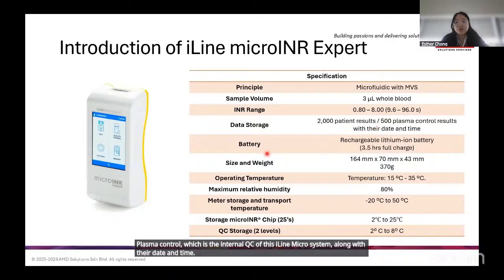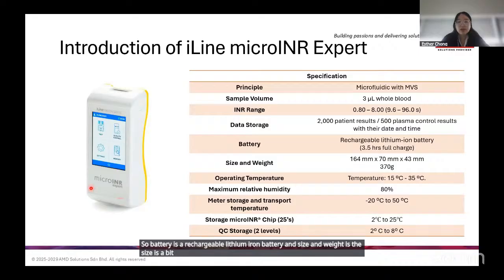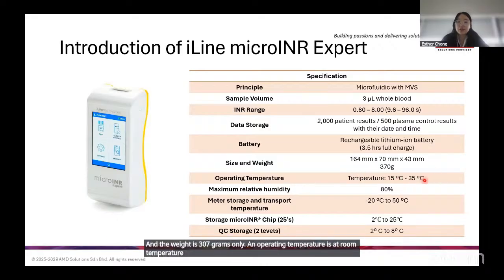The battery is a rechargeable lithium-ion battery, and the size is a bit long, and the weight is only 307 grams. Operating temperature is room temperature, 15 to 35 degrees Celsius, and maximum relative humidity is 80%.